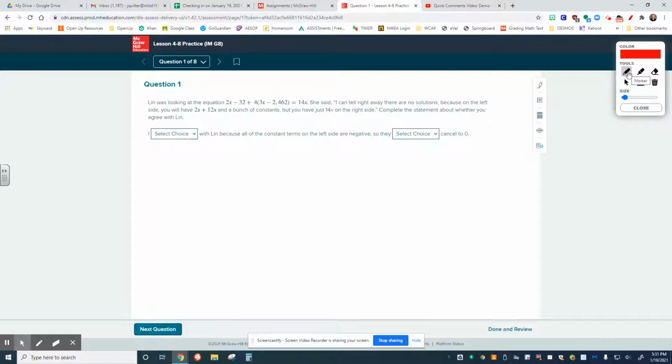What we need to do, always, step 1, always is simplify. We want to make sure that we simplify because we need to compare constants and we need to compare coefficients of x. So twice the value of x minus 32 plus 4 times 3x is 12 times x.